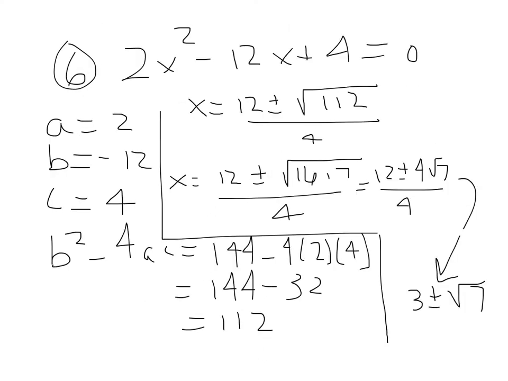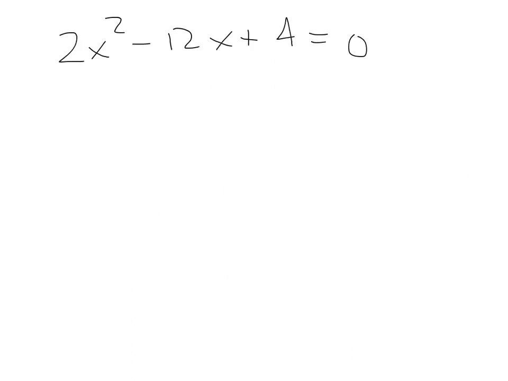Check out the work here on using the quadratic formula. On the next slide, I'll show you how to solve this quadratic equation using the method known as completing the square. When completing the square, the leading coefficient must be 1, so I'm going to divide everything by a 2.